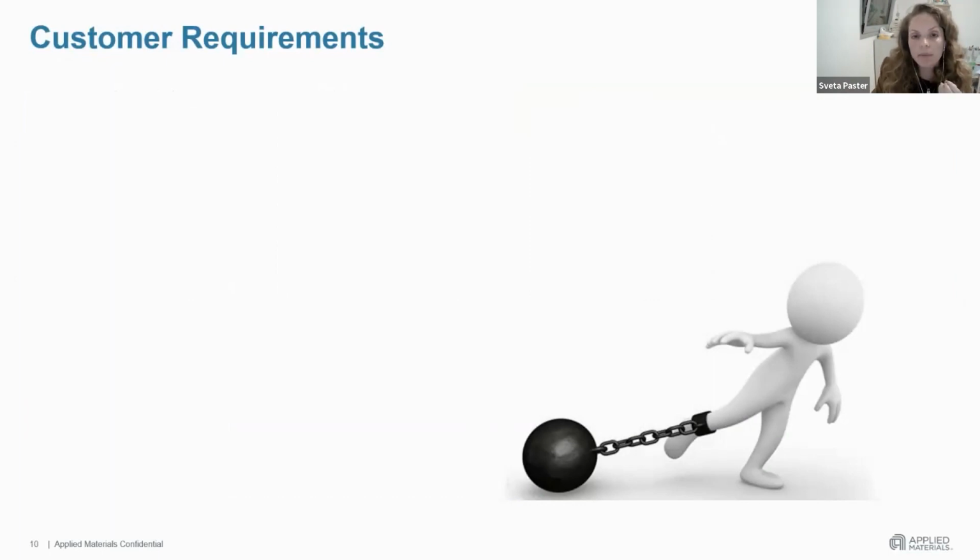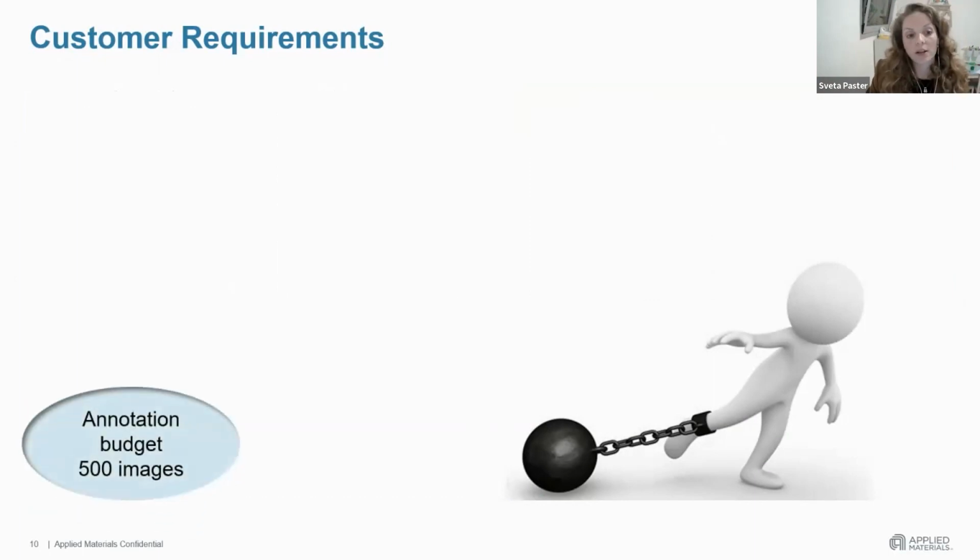Now, our customer requirements. We saw one problem is this annotation, but this problem is emphasized when we also have customer requirements. We will start with the annotation budget. The annotation budget is limited to 500 images. So basically, the annotators can label for us only 500 images. So here's a challenge for you.